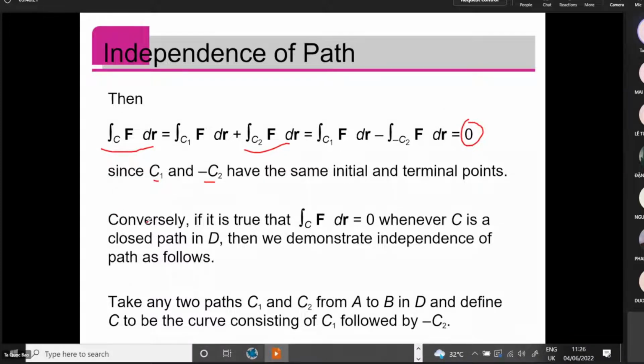Conversely, if the integral of the vector field F dot dr is equal to 0 whenever C is a closed path in D, remember, C should be a closed path in D, then we can conclude that this is independent of path. Okay.